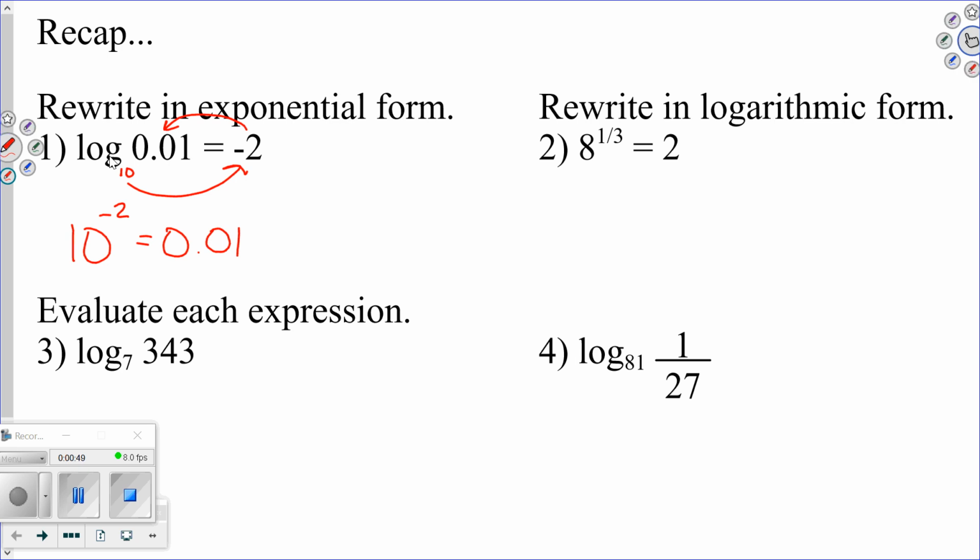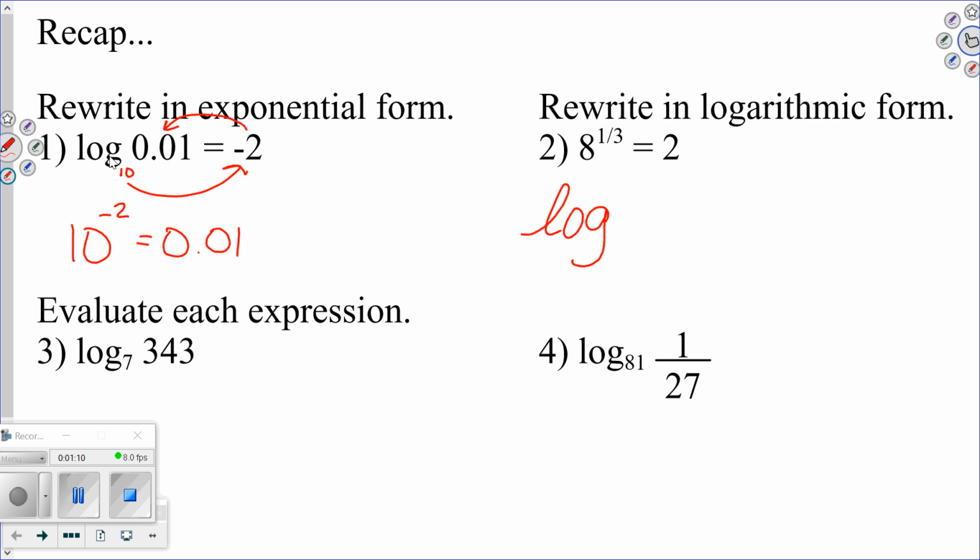All right, number 2, rewrite in log form. So it's still loopy swoopy. It's kind of just the opposite of this. How would you take it back to that? So first thing you do is write down a log, right? And then how does this one loopy swoopy? Which one goes where?